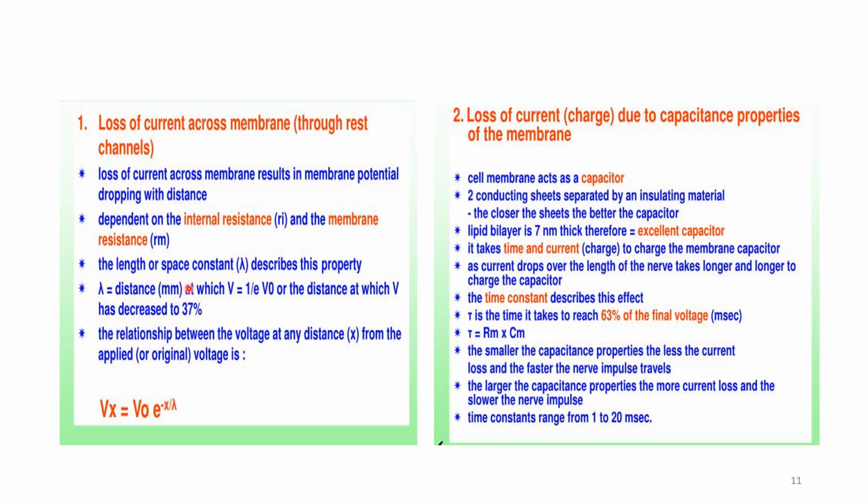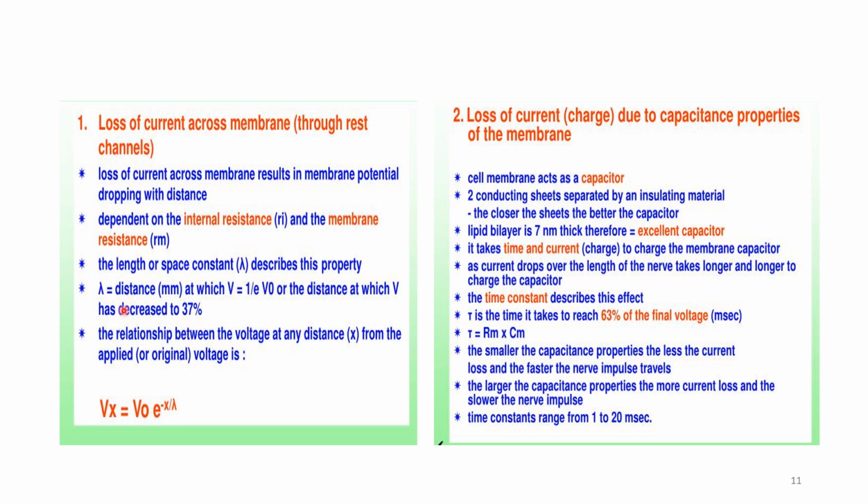The length or space constant, that is lambda, describes this property. This lambda is a distance, in millimeters, at which V is equal to 1/e times V0, or the distance at which V has decreased to 37%.